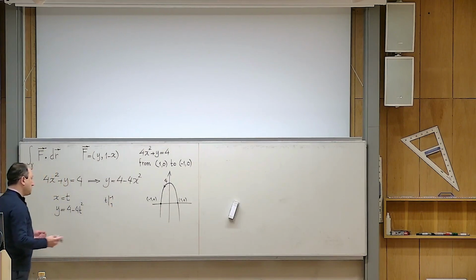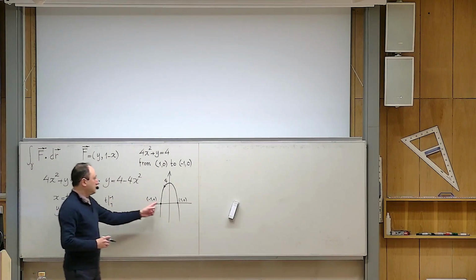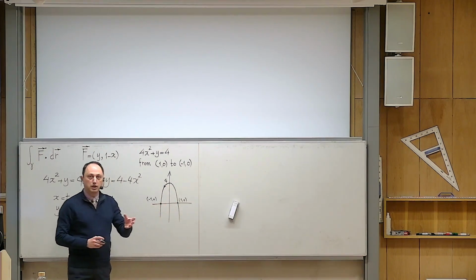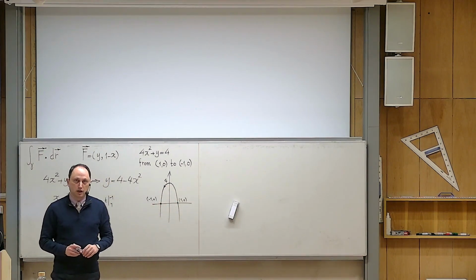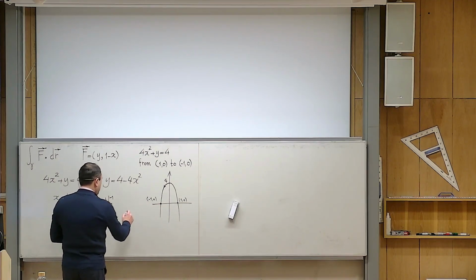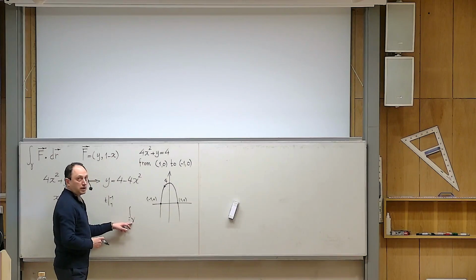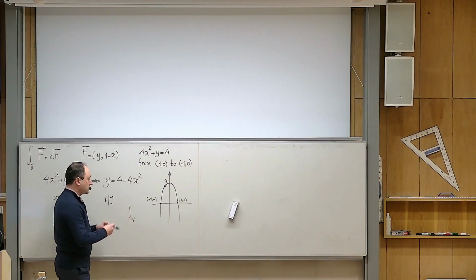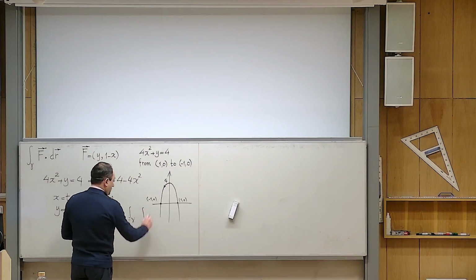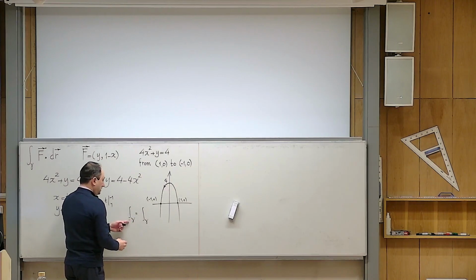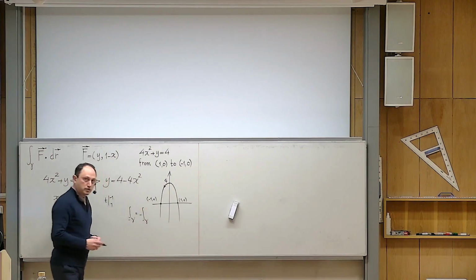But sometimes you can also do the following. You can calculate the integral in the other direction, and then whatever you get, you can multiply by a minus sign, because there is a rule about the integral over minus gamma, the trajectory traversed in the opposite direction of gamma. If I ask you how these line integrals are related, there is a theorem in the book that tells you this integral is minus that integral.